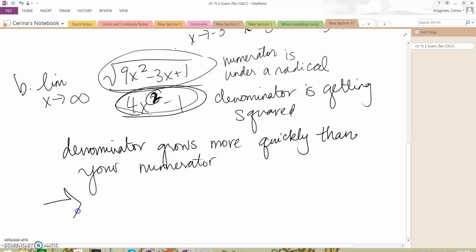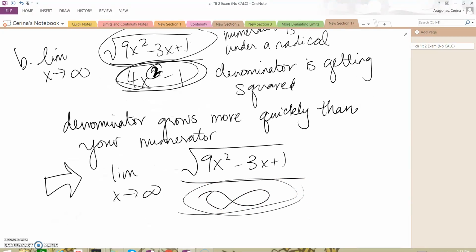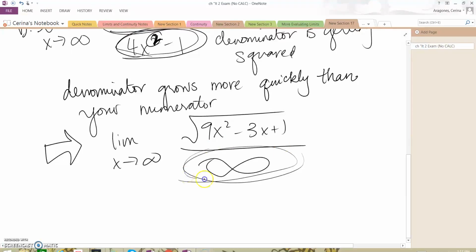Meaning that as x approaches infinity, you're going to have something that looks like the square root of 9x squared minus 3x plus 1 over infinity, because the bottom is approaching infinity so much more quickly. Remember, when your denominator approaches infinity, essentially you're dividing by a really, really big number. You're dividing $1 amongst infinite people, so each person gets essentially 0. So the limit of that second function as x approaches infinity is 0.